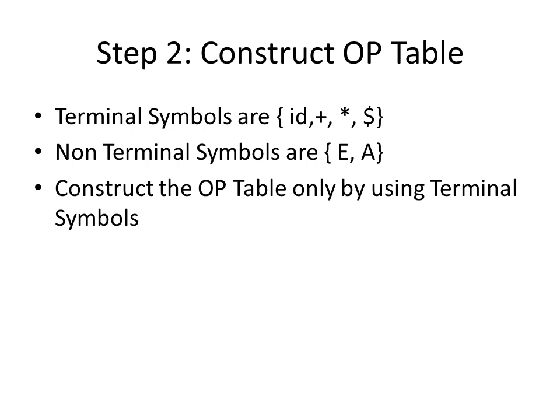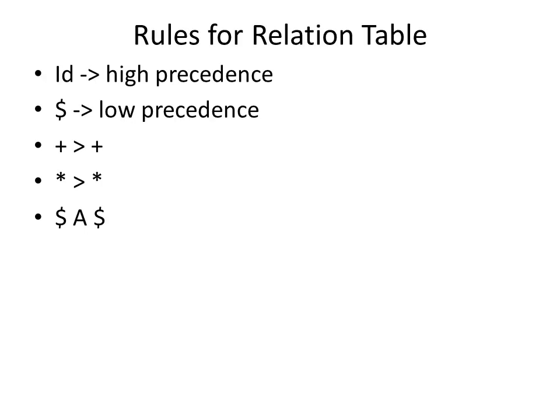So we have four terminals, that is operators: ID, plus, multiplication, dollar, and the non-terminal symbols are E and A. We can construct the operator precedence table only by using the operators, that is, terminal symbols. We cannot construct it using the non-terminals.